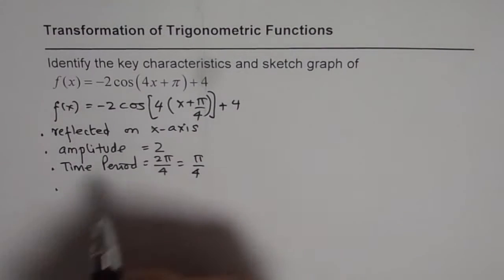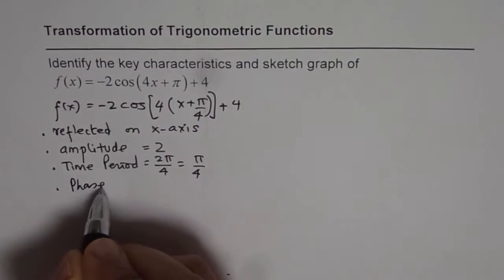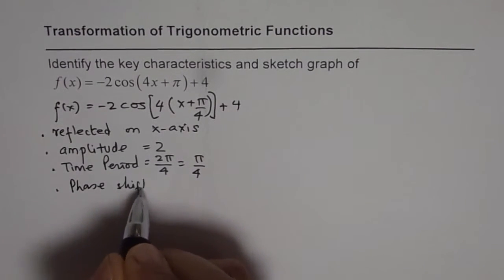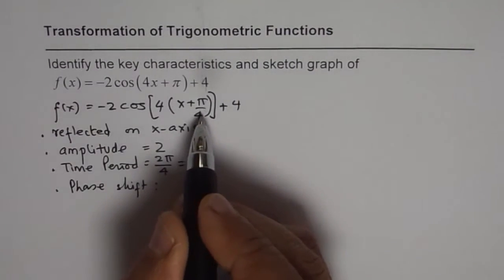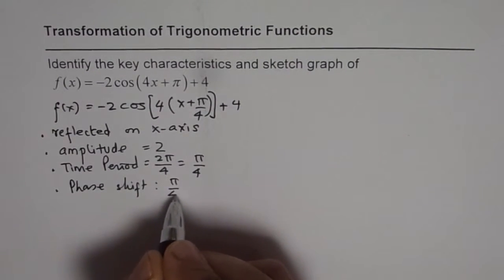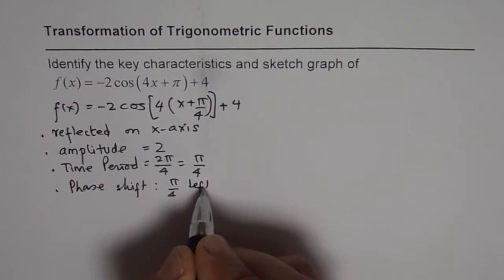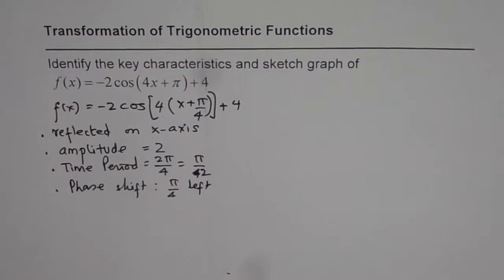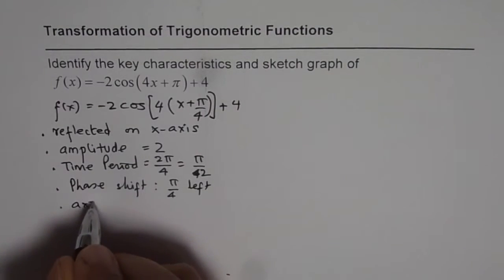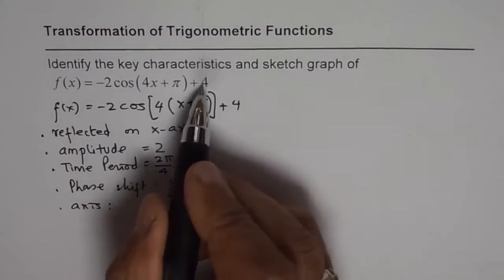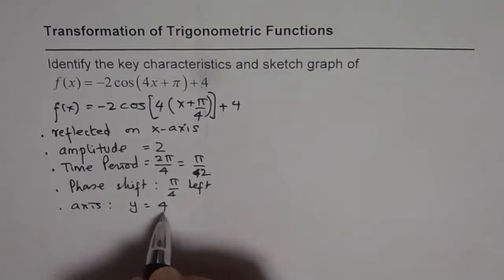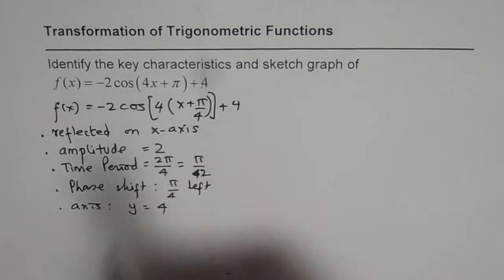Phase shift is pi by 4 to the left. Oh, I want to write pi by 4 here. Okay, pi by 4 left, and then we have axis at y equals 4. That means it has been translated 4 units up.